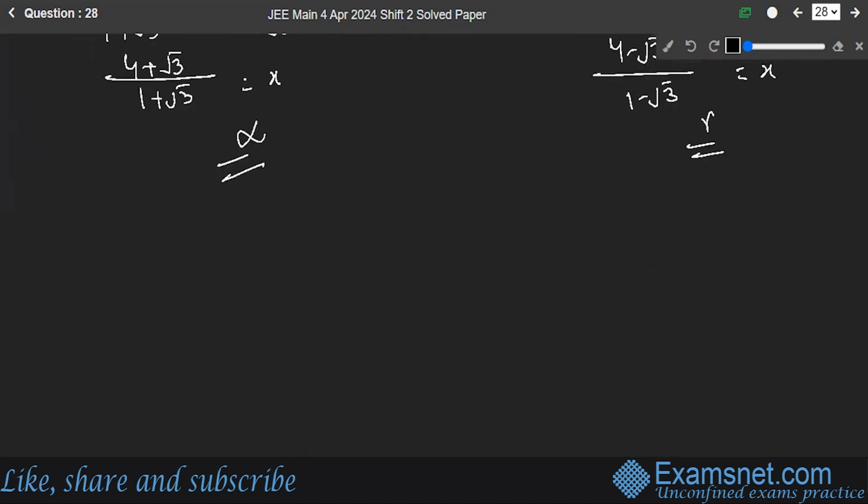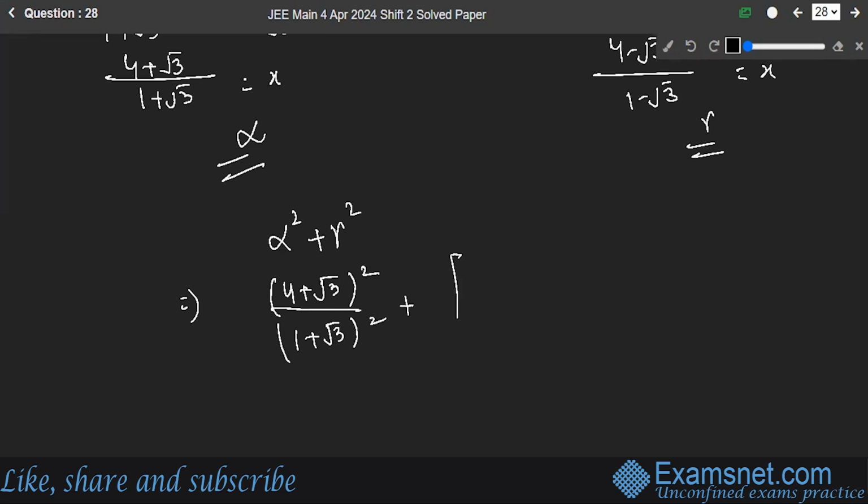Okay. Now, what you had to find out was alpha square plus gamma square. So this is equal to 4 plus root 3 upon 1 plus root 3 whole square plus this whole square. Let's solve it.